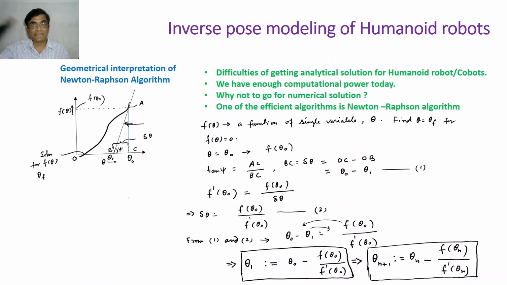And then we will extend it, we will inject redundancy, and we will extend our methodology to solve the inverse kinematics problem of a Baxter type cobot or NAO type humanoid robot, okay? So those will be in the subsequent lectures.